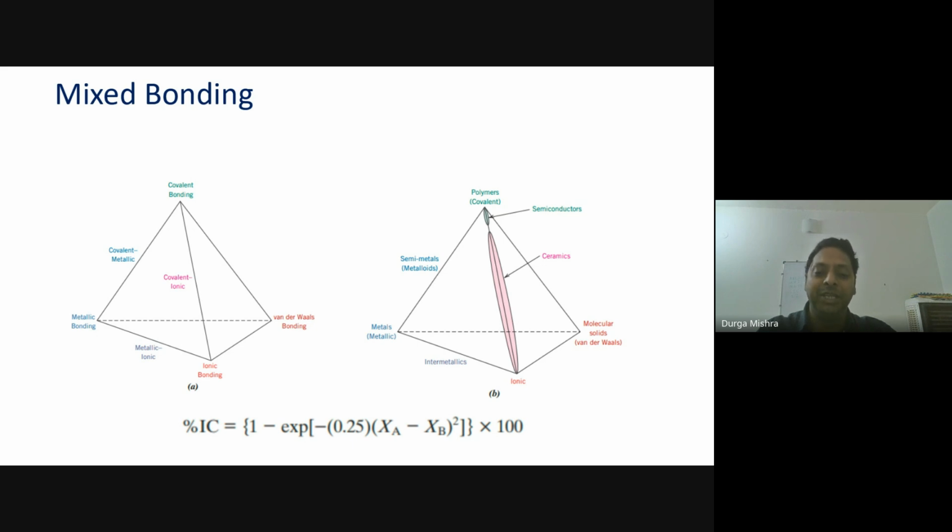XA and XB represent the electronegativity of the elements, which you can get from the periodic table. So one can calculate what percentage of a bond is ionic in nature.